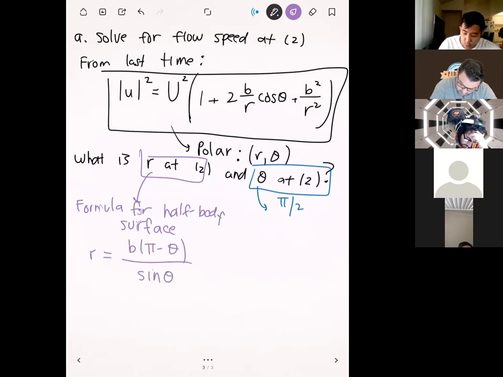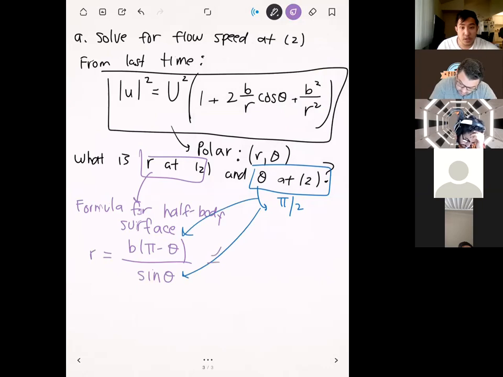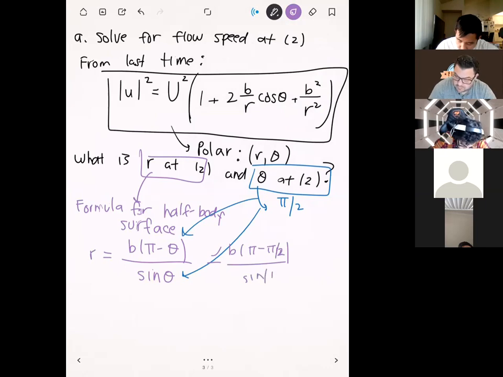We know what theta is because we just solved for it. And so let's go ahead and plug those in. We get b times pi minus pi over 2, divided by sine pi over 2. Sine pi over 2 is just 1. And so we just get b pi over 2.